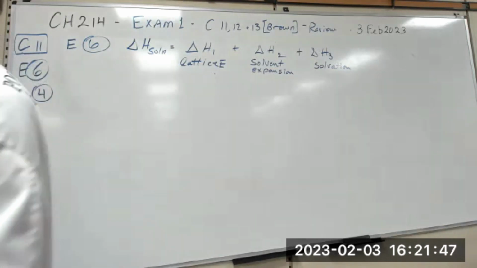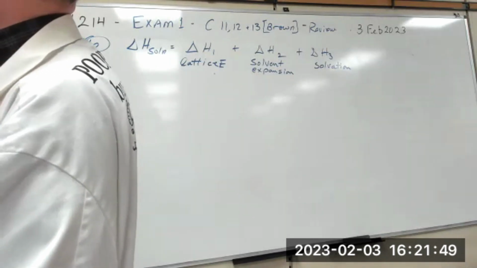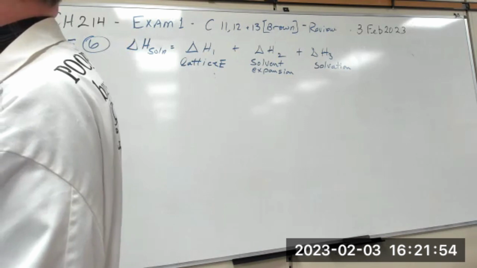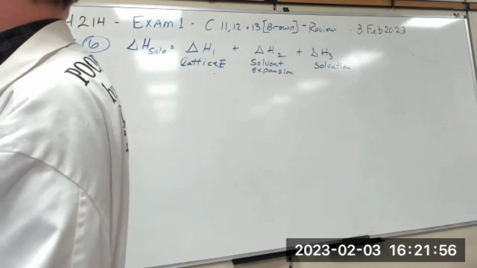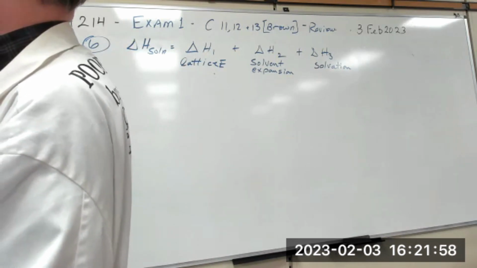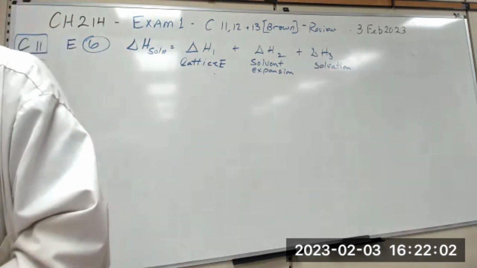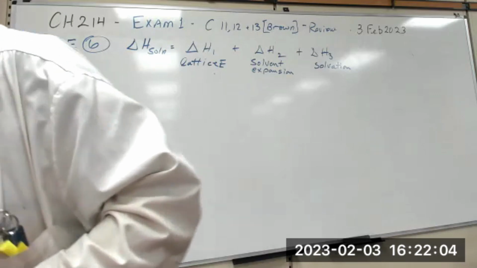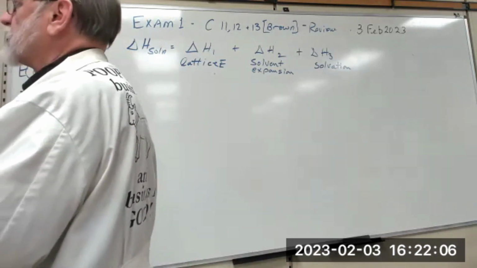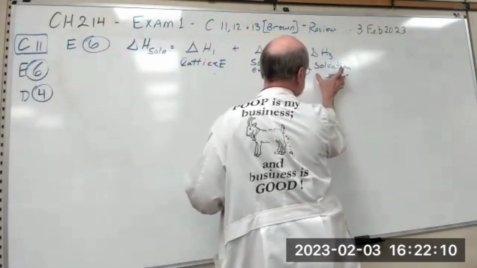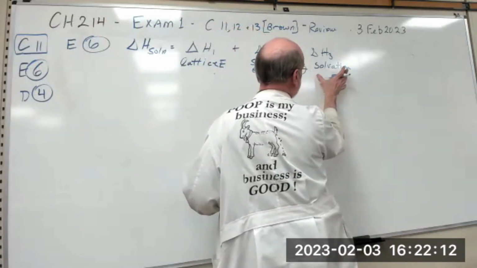So the question is, with that information, and I'll write that information up here in a second, which salt forms stronger attractions with water? Well, the information that we're given doesn't break out this attractions with water part right here.